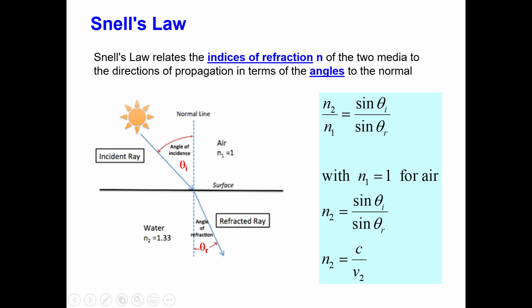This is what we are going to do in this course. Then this is Snell's law, and this correlates the index of refraction of the mediums and the incident and refracted angle.